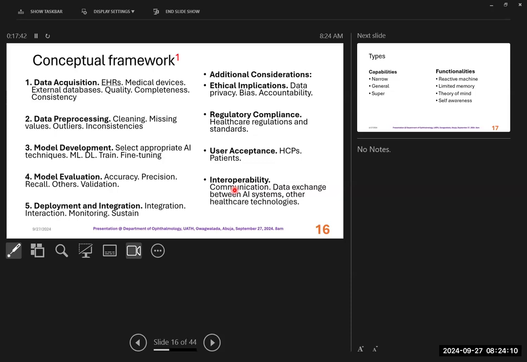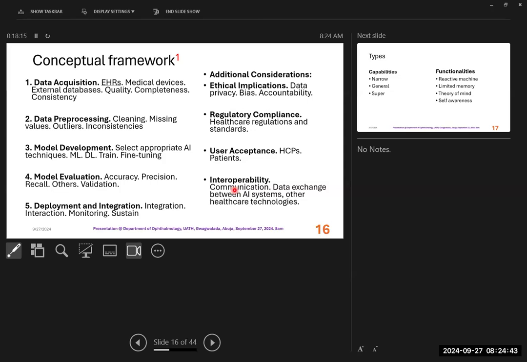Then we evaluate that model for accuracy. When we develop a model that we want to tell us when there is cataract, it should not pick corneal opacity as cataract. So we also have to look at that precision. Then we validate it.